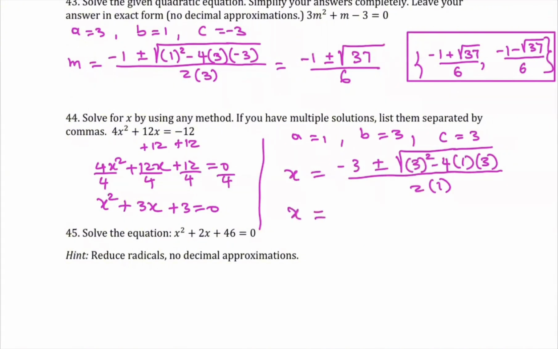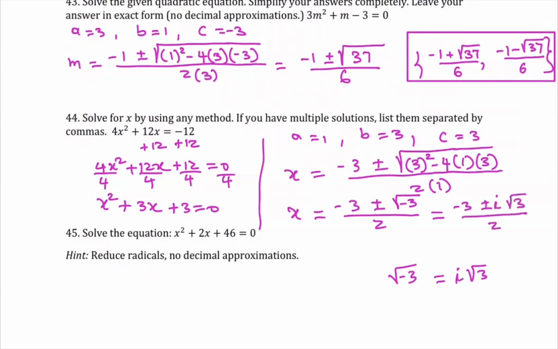So x equals negative 3 plus minus the square root of 9 minus 12, which is negative 3. So square root of negative 3 over 2. Simplify this because you know the square root of negative 3 is i square root of 3, right? So that is negative 3 plus minus i square root of 3 over 2.